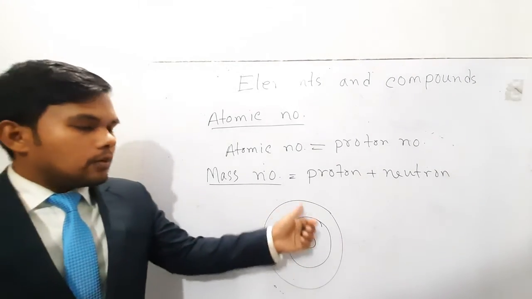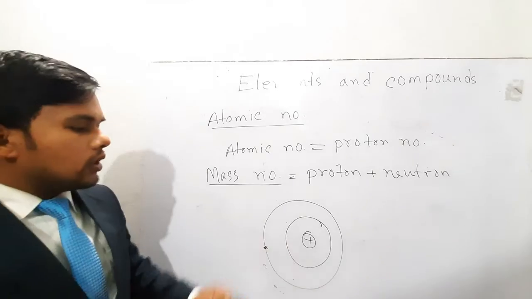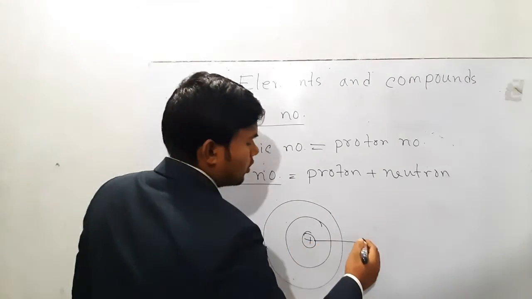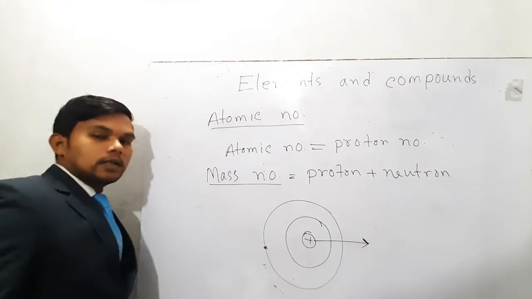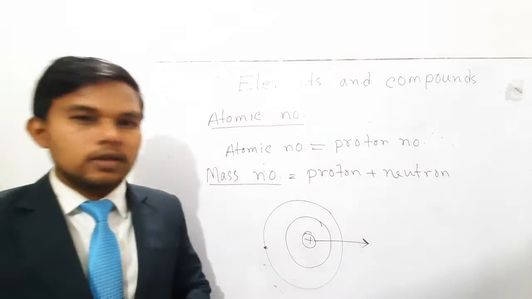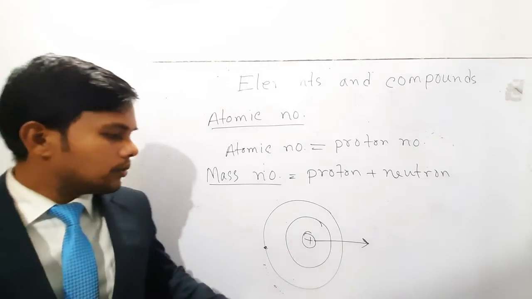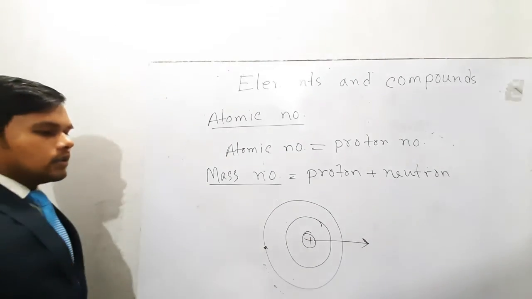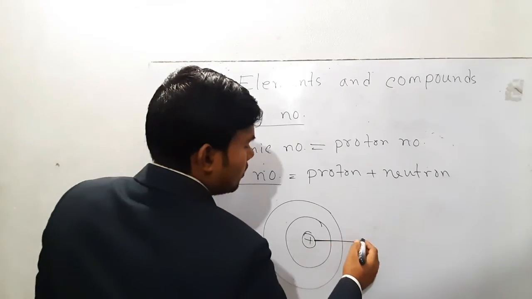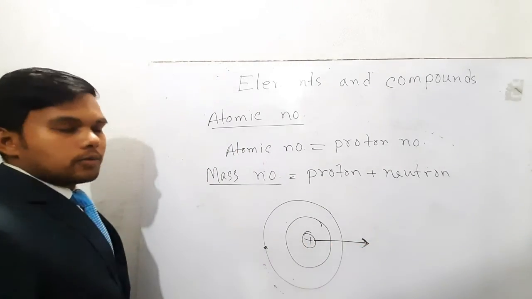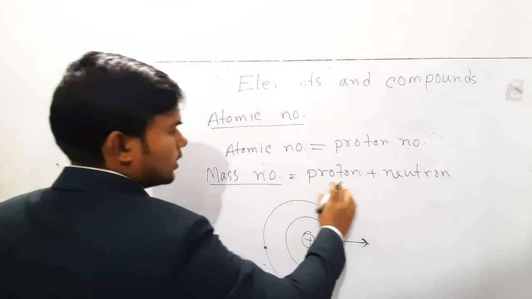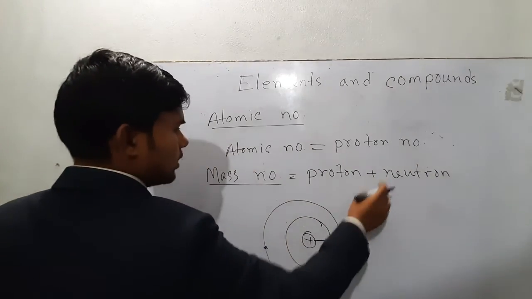That's why if we take the mass of an atom, we actually take the mass of the nucleus, because all the heavier particles, proton and neutron, are present inside the nucleus. That's why the mass number is the proton number plus neutron number. It's the summation.